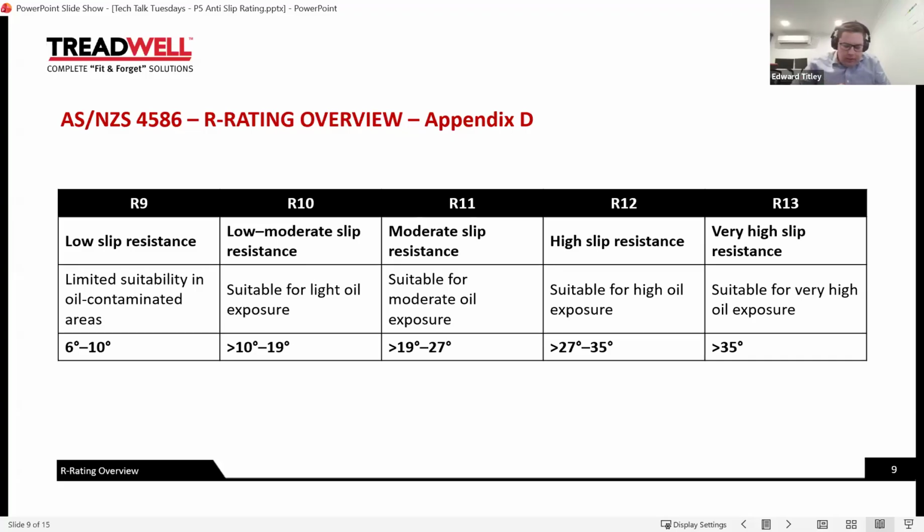This testing includes oil applied to the surface and to the shoes that are used to do the test.